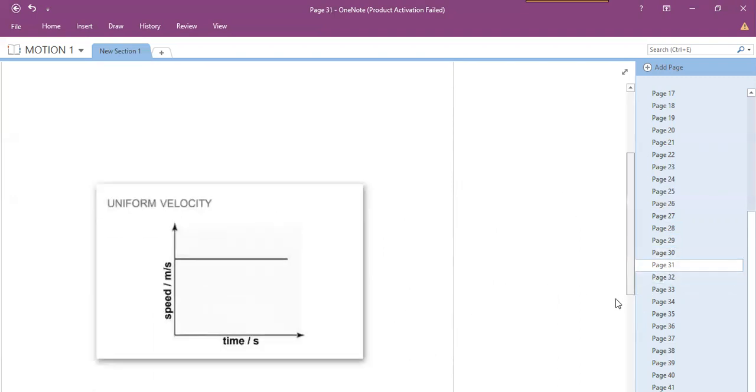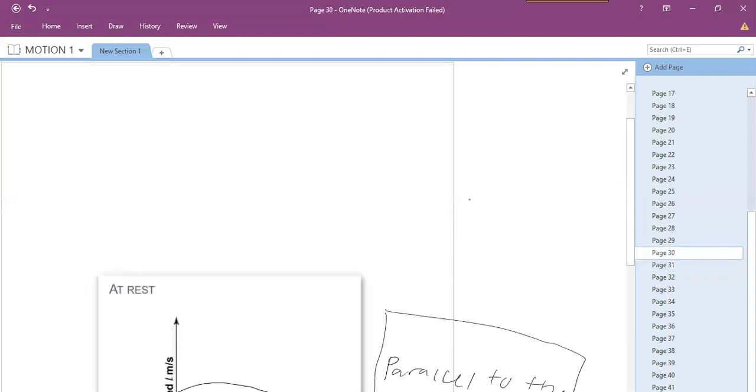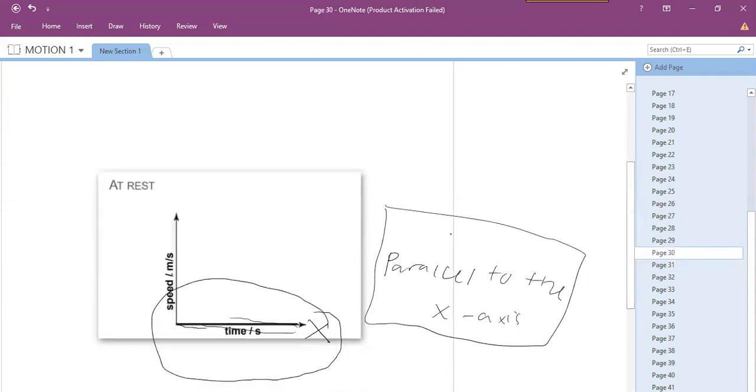But if you see that there is some form of change, here this is the initial velocity and this is the final velocity. The line is still a straight line, and this is parallel to the x-axis. Like I said, the other one is actually on the x-axis. So if you see a line on the x-axis, zero velocity, the car is at rest.